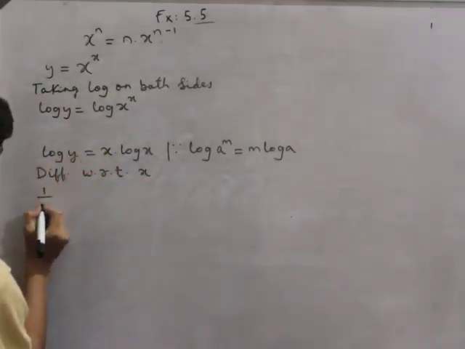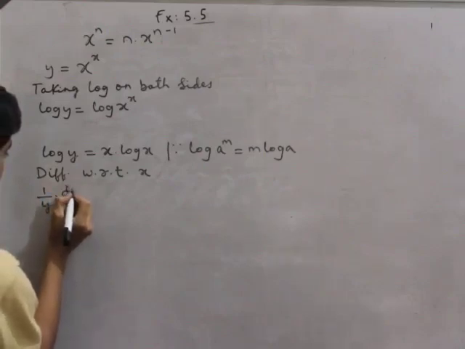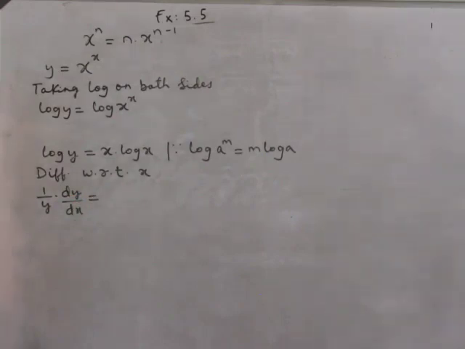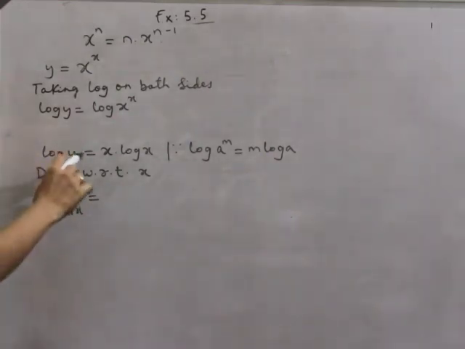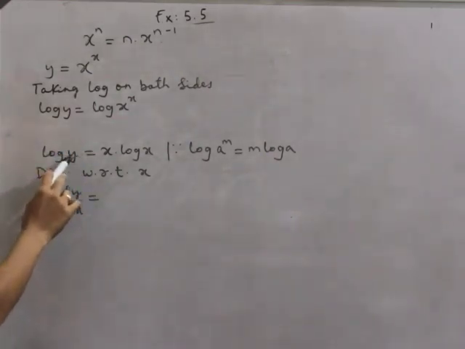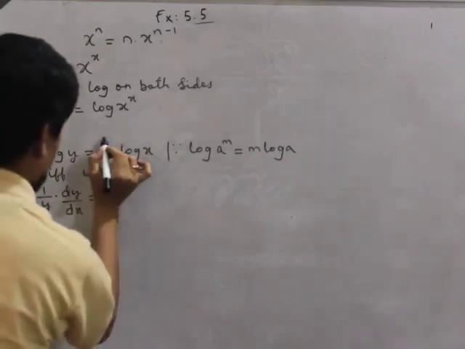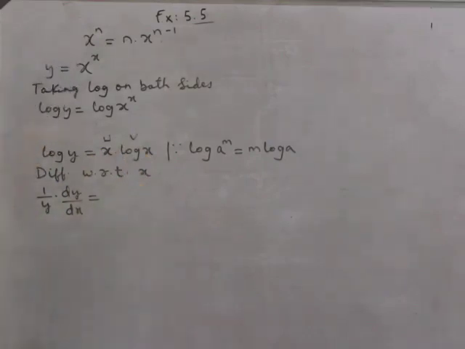Differentiation of log y is 1 by y into dy by dx, that is equal to the derivative of x into log x. Left hand side we got this; right hand side, x into log x, very simple, use the product rule, u into v.